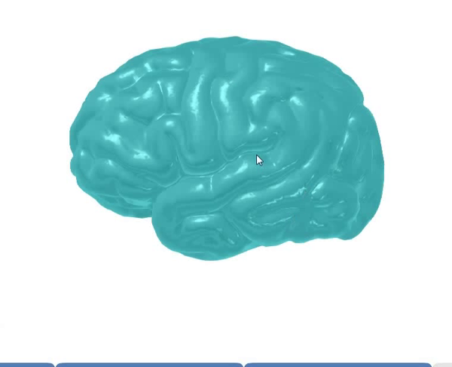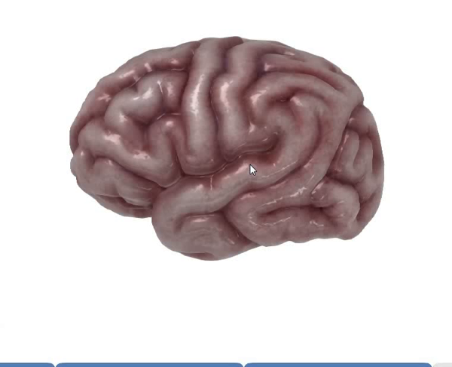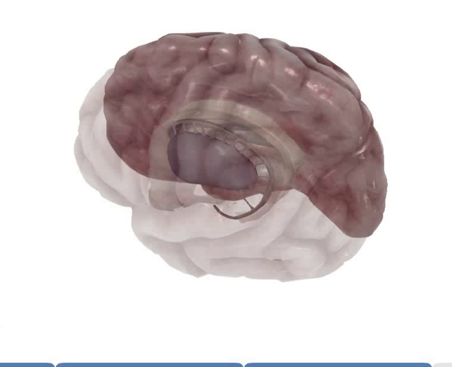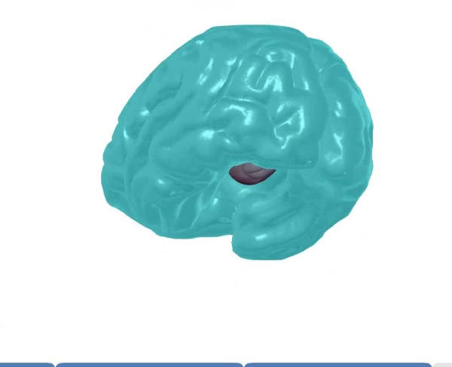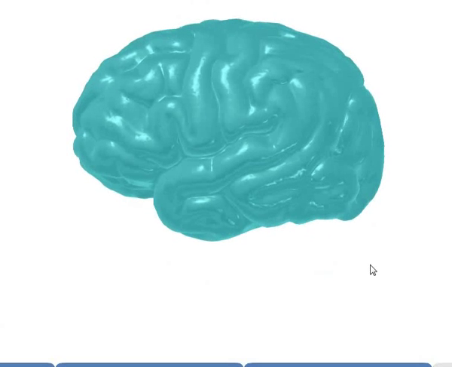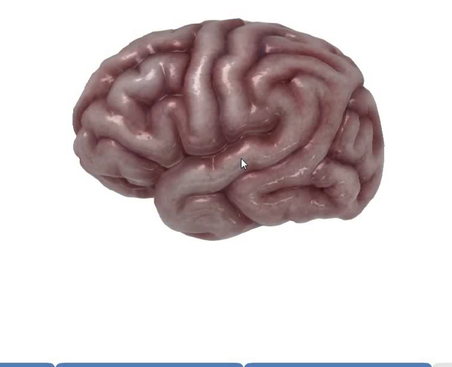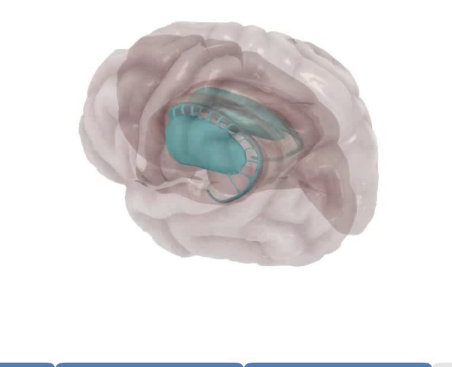We're back to the surface of the brain, and let's get rid of that. Refresh view. I want to go back to the cerebrum. It's not going to let me do this. So let's go to the basal ganglia.